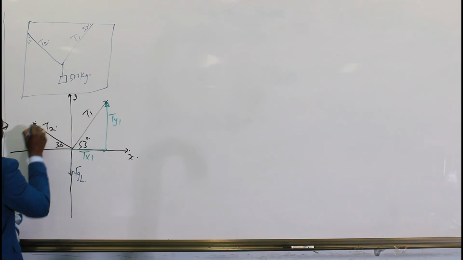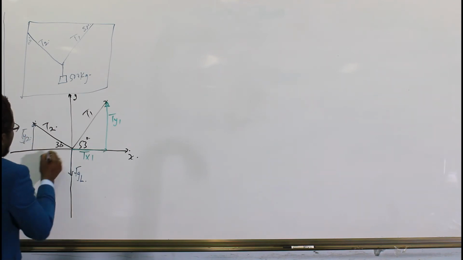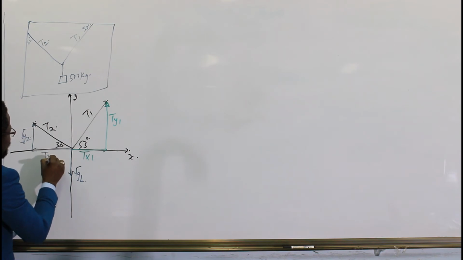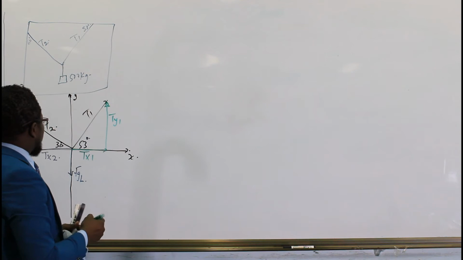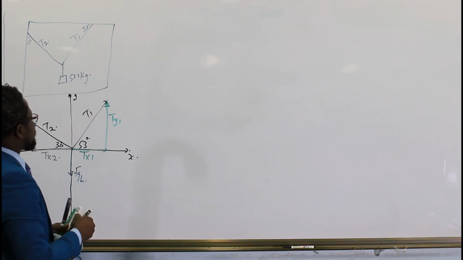So we are also going to have the Ty2, and on this side, we are having a Tx2 on the side. Now let's resolve it and find the values of each of those forces that we have there.